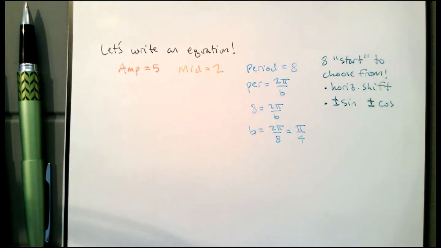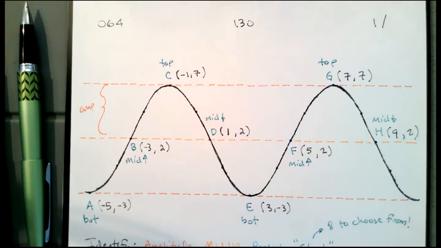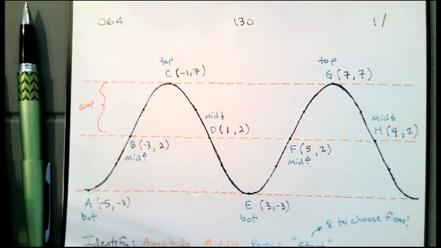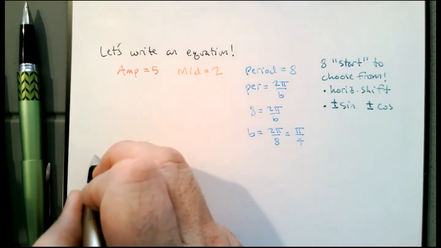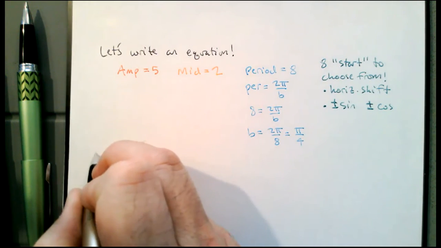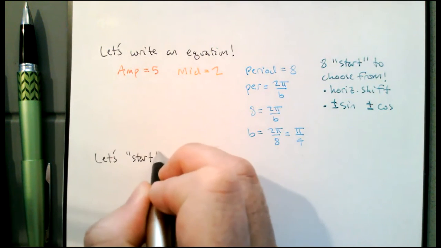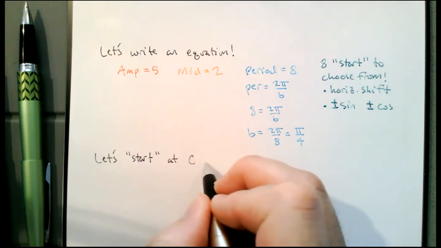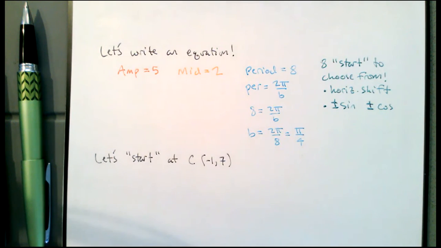Let's start with the first point that we know. Let's start at the point C, which is -1, 7, and it is at the top. So we're starting at -1, 7. This is going to tell us 2 things.